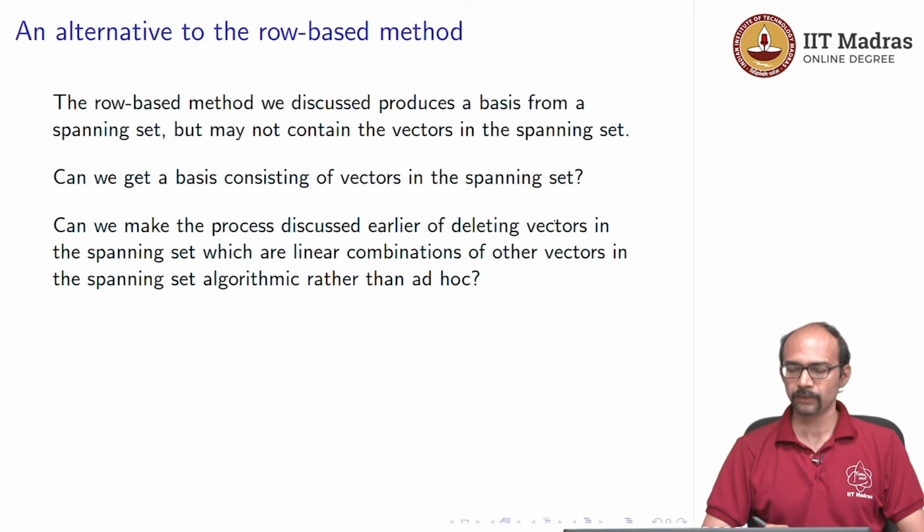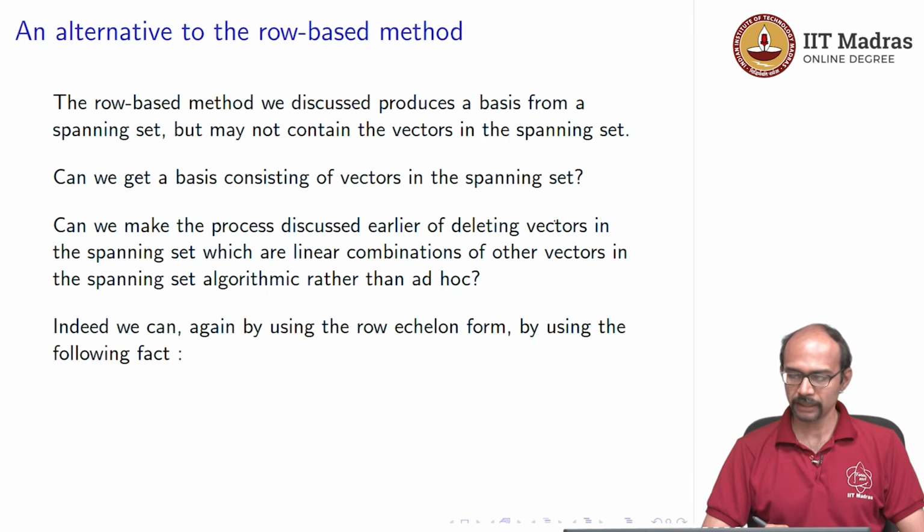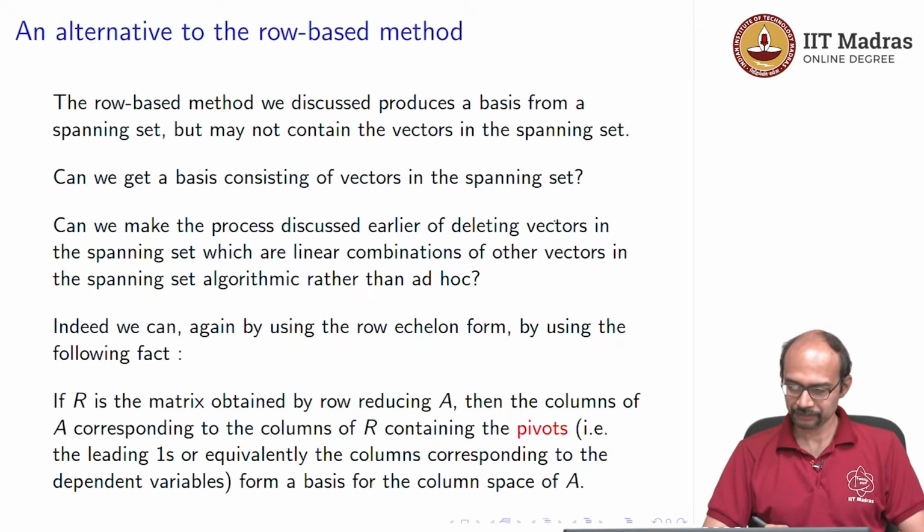So, instead we can make it a more algorithmic process, and to do it we can use again the idea of the row echelon form, and the following fact helps us in doing so. If R is the matrix obtained by row reducing A, where A is a matrix, then the columns of A corresponding to the columns of R containing the pivot elements form a basis for the column space of A. The pivot elements are, remember, the places where you get a 1 and before that there are zeros.